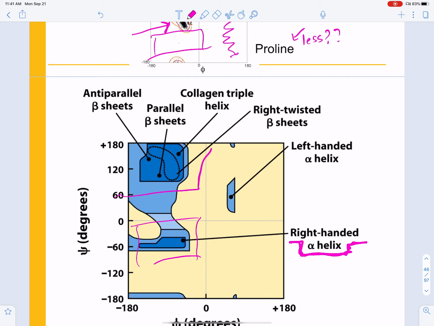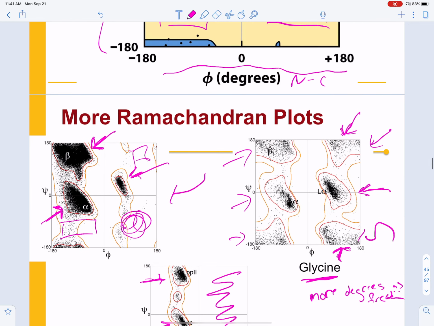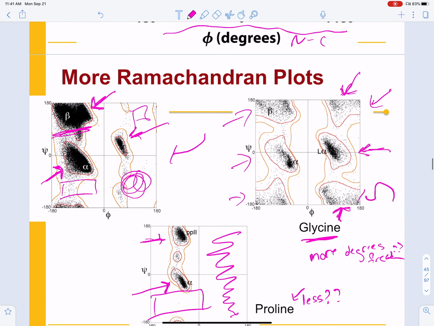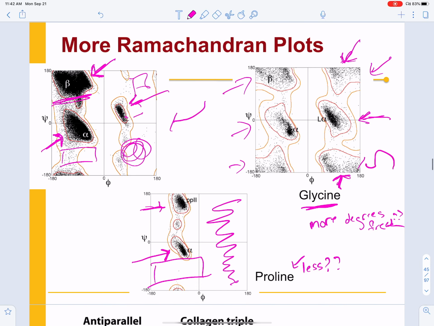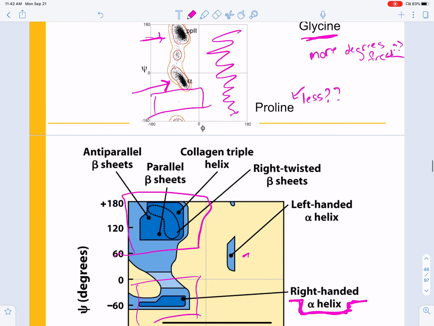Here, this area up here, which we saw here, corresponds to beta pleated sheets, either anti-parallel or parallel beta pleated sheets. Right? And this area here that we see right there, that corresponds with a left-handed alpha helix, right?